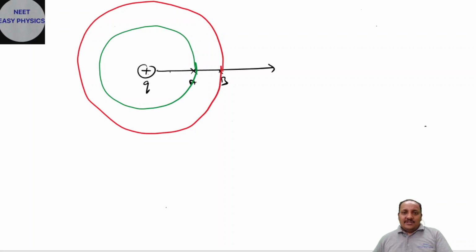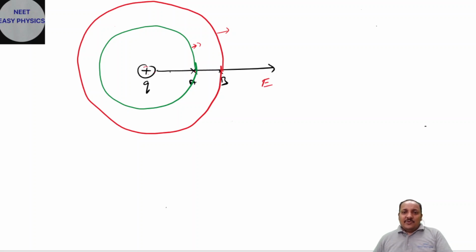For a point charge, equipotential surfaces are always circular, isn't it? Now, what is the direction of the electric field? For a positive charge, it is always away. This is the direction of the electric field.